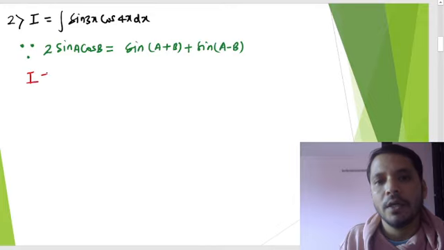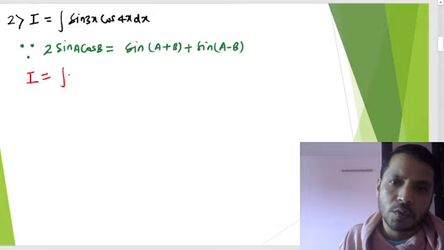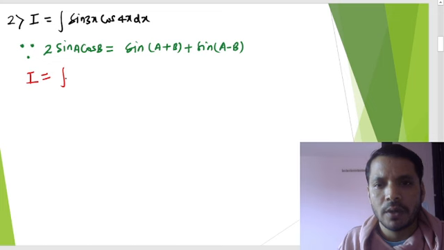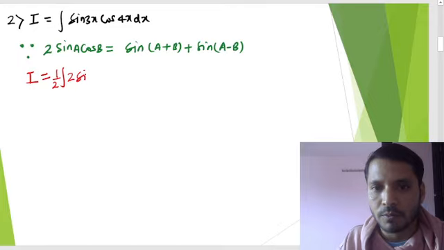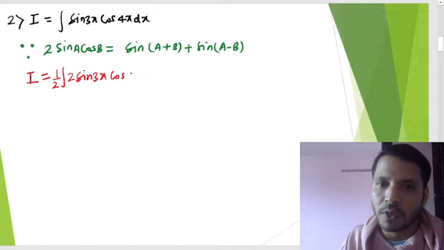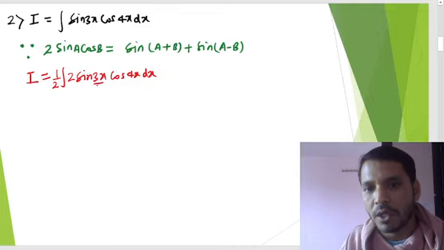I can be rewritten, but first we need to multiply and divide by 2, because 2 is not multiplied with the given question. So here 2 times sin 3x cos 4x dx. That means the value of A is 3x and the value of B is 4x.